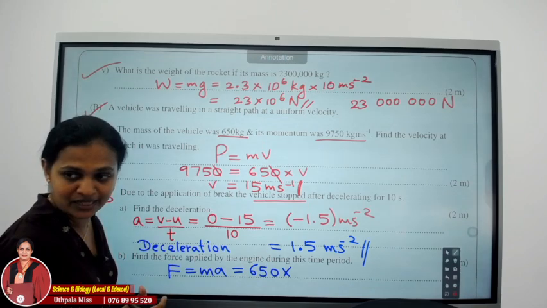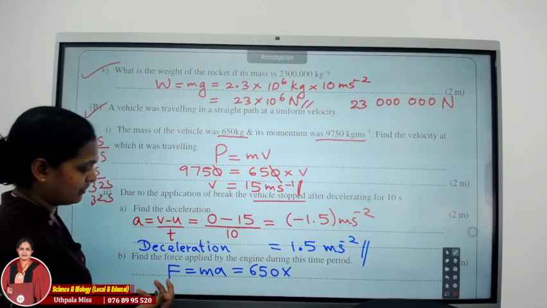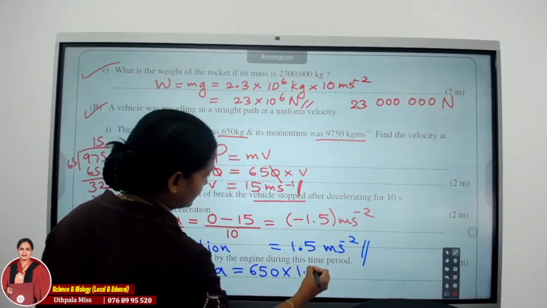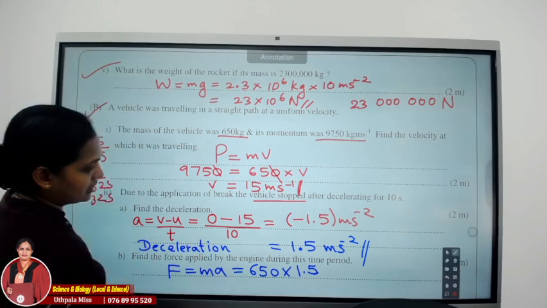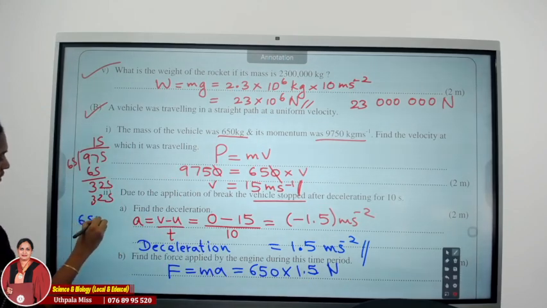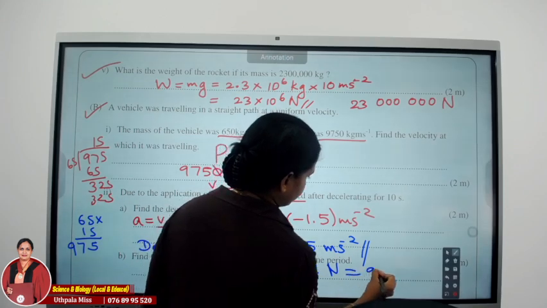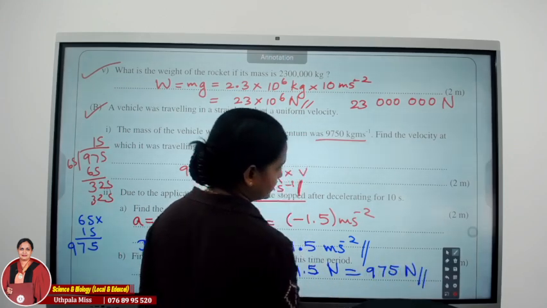So applying brake means the unbalanced force is acting against the direction of motion. So here it is decelerating. Deceleration is 1.5. So 650 into 1.5 is 65 into 15. 15 into 5 is 75, right? 15 into 6 is 90, 97, 975 Newton. Did you get 975 Newton?